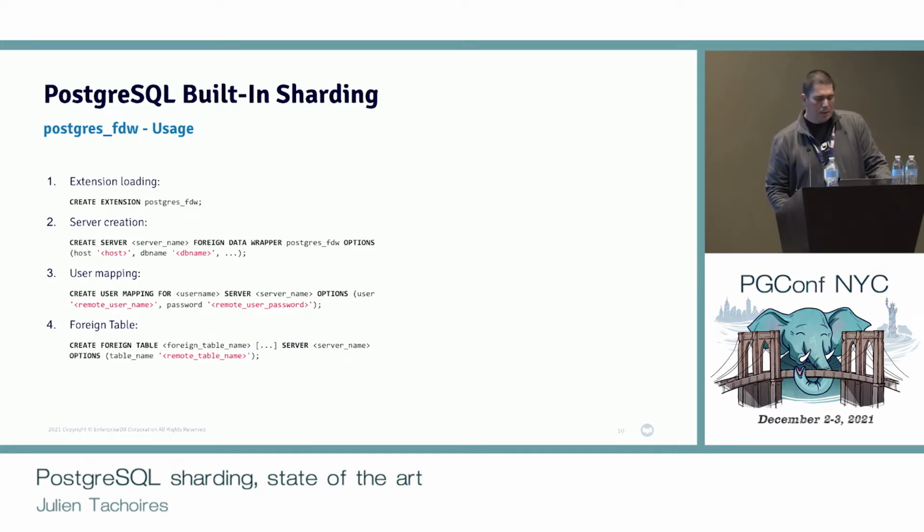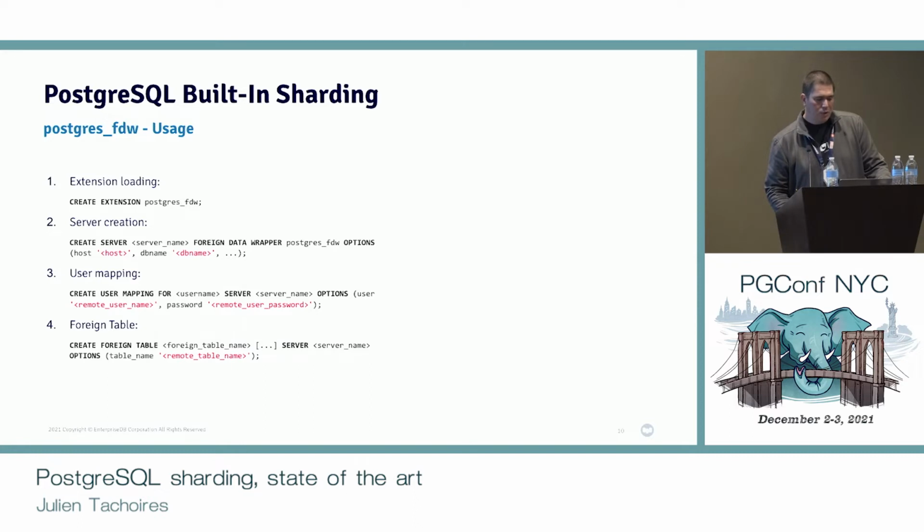And once our server object is created, we can now proceed with user mapping creation with the help of the create user mapping statement. At this step, we can define the username and passwords that will be used to connect to the remote host.